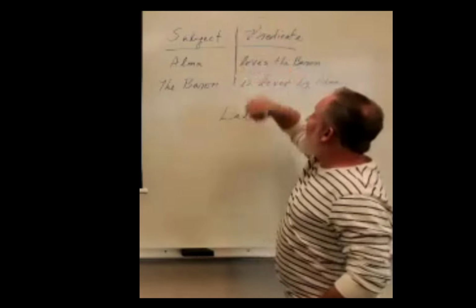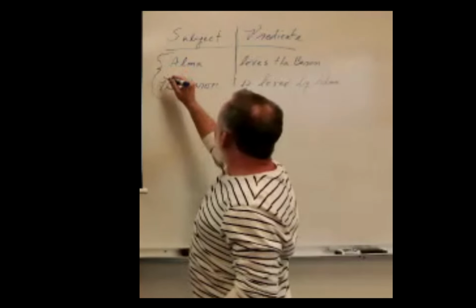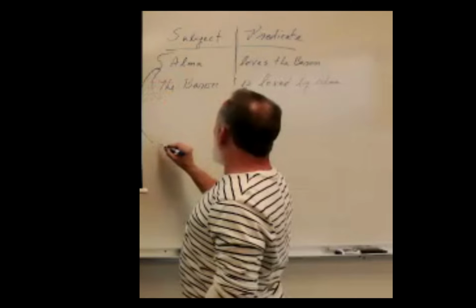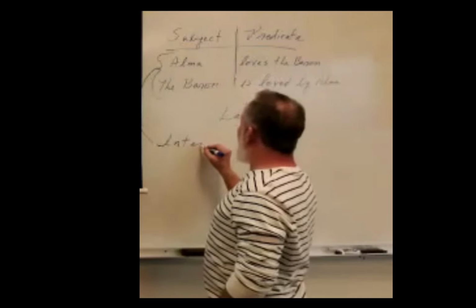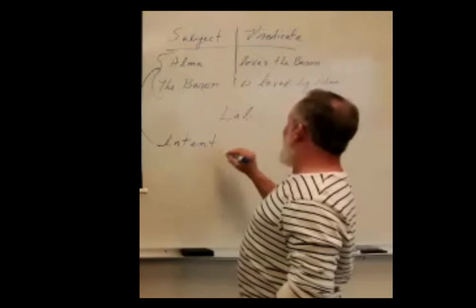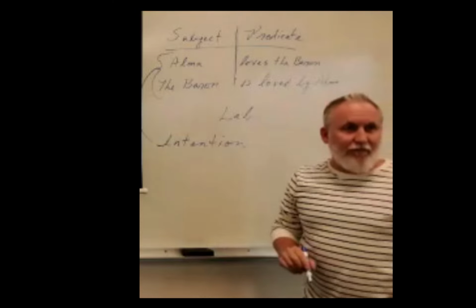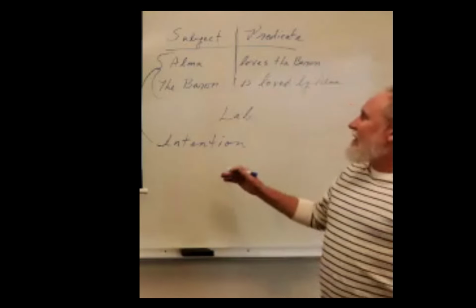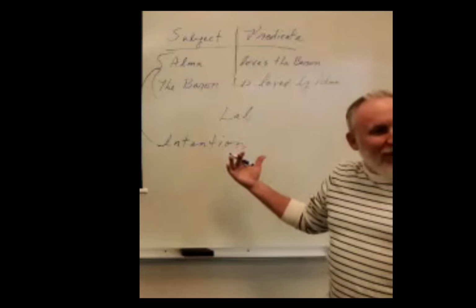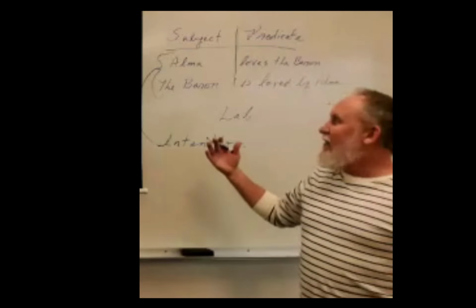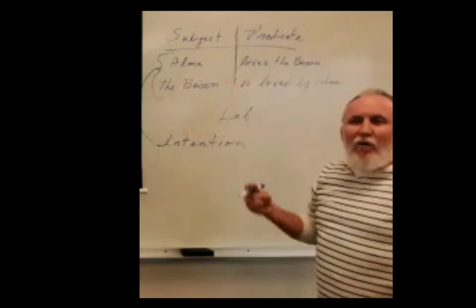And so the meaning that we give here in English grammar, the difference here is a difference of intention. Do you intend for Alma to be the subject, or do you intend for the Baron to be the subject? That all has to do with the nuances of English grammar and what we mean.